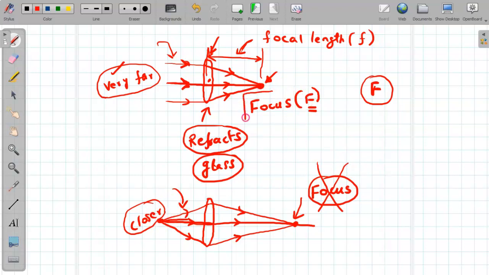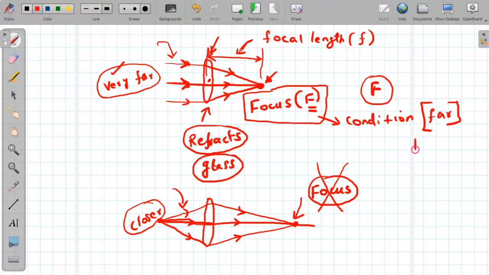To get the principal focus, the main condition is that the object should be very far and the beam must be parallel.